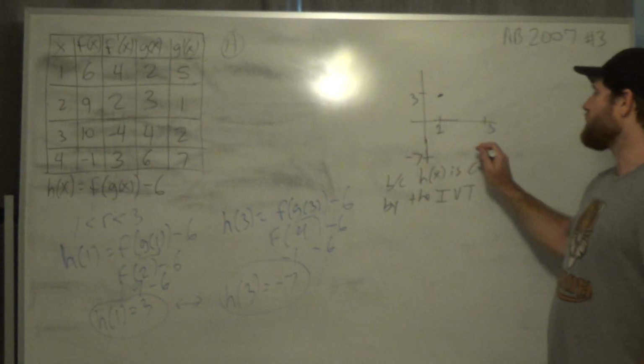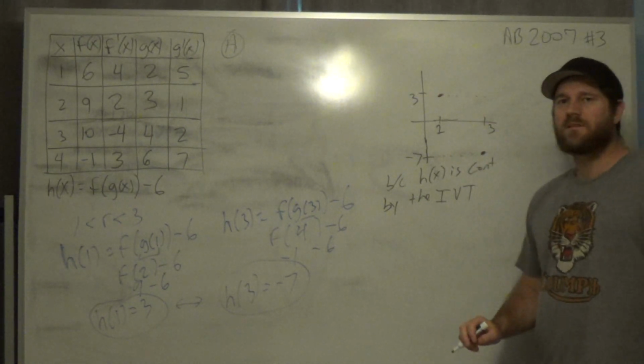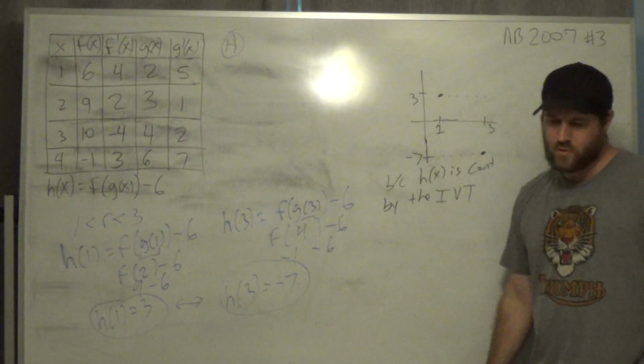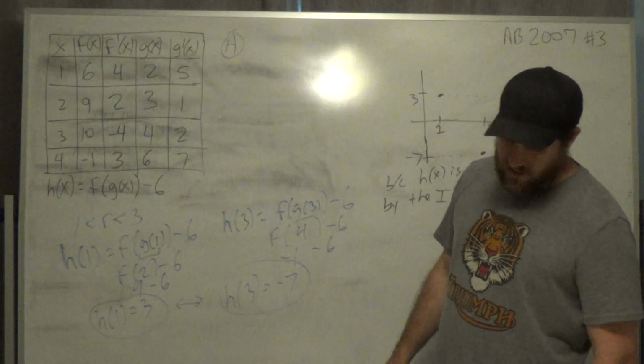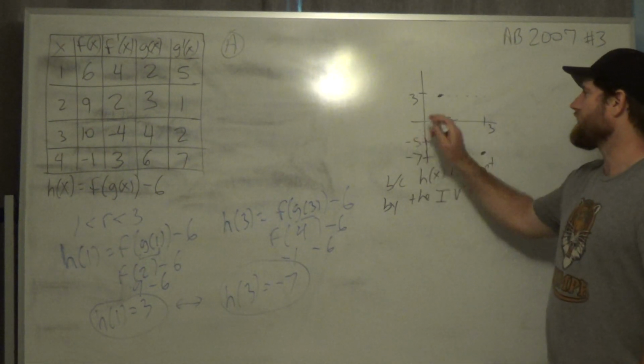Well, guess what? If I want to get from a height of 3 to a height of -7, the intermediate value theorem guarantees I'm going to cross every single height in between. And what height happens to live in between those two? What we're looking for, -5.